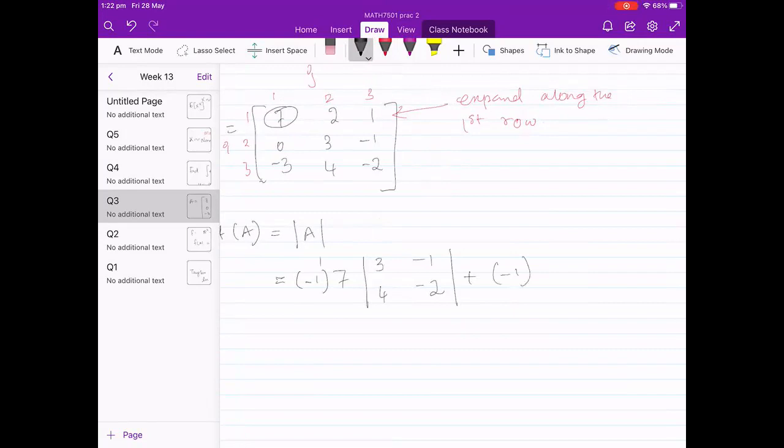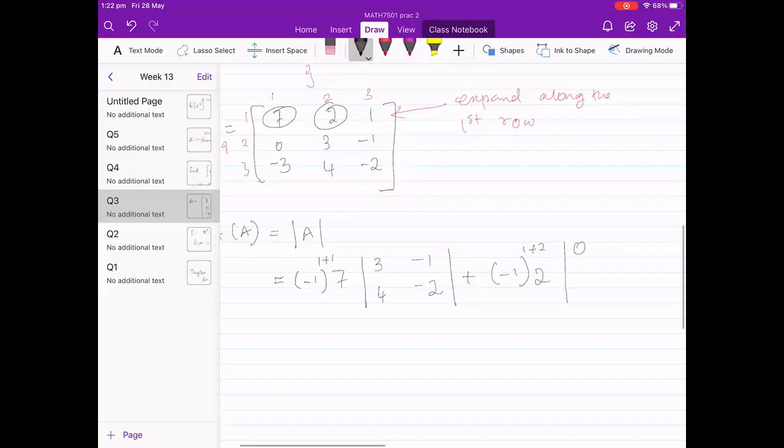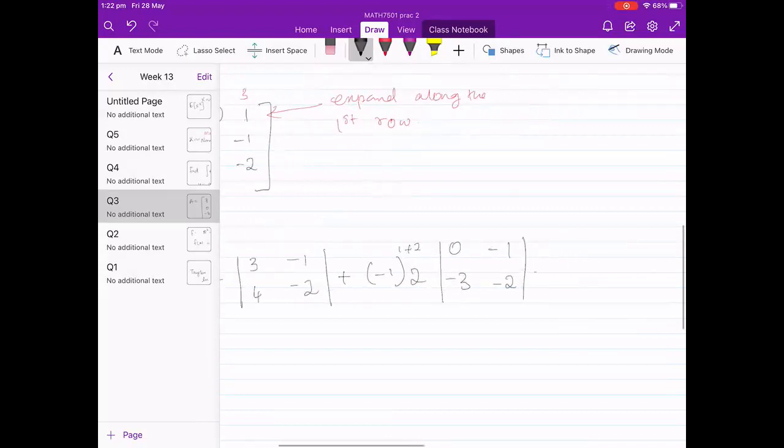First row, second column, the value is 2, and determinant of, ignore the first row, second column. What's remaining is 0, minus 2, minus 1, minus 2, and plus minus 1.